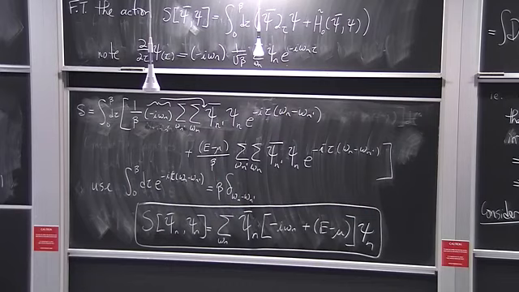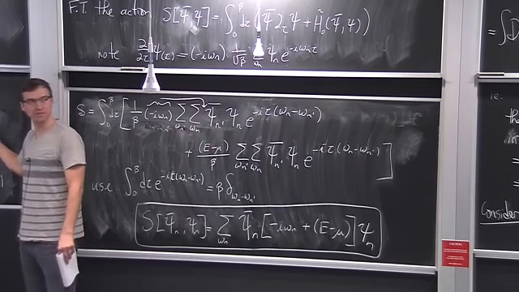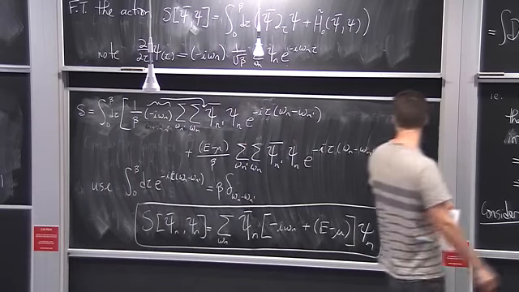So you take this action, which has been Fourier transformed, and you can substitute this thing back into the functional integral form for the green function, and that'll let you solve for that green function in Fourier space.